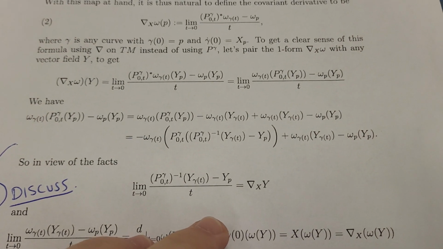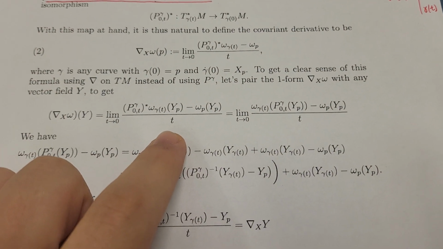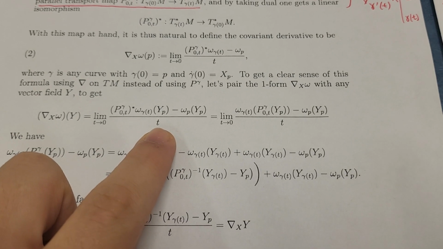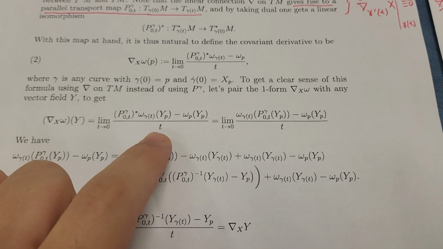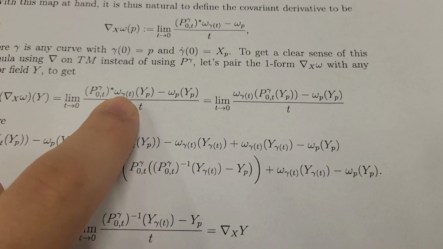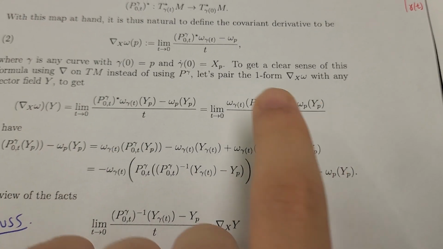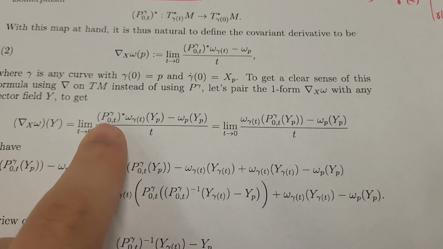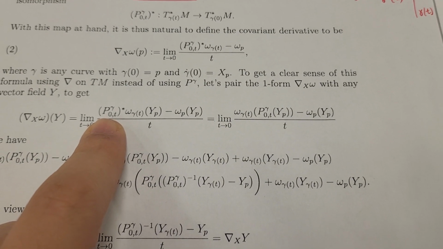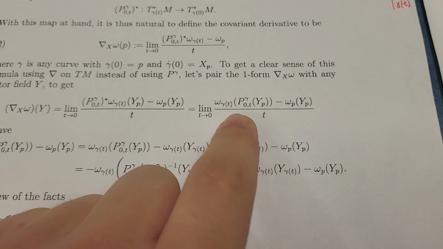Okay, so how is this done? Well, I'll just show you the computation. It's an algebraic computation. You can see we start with the difference quotient, which we've used in our definition. The first step is we apply the definition of this dual map of the cotangent spaces that we described earlier.